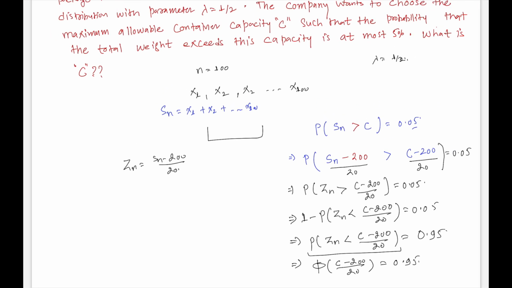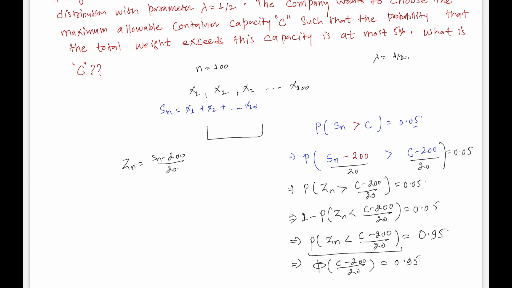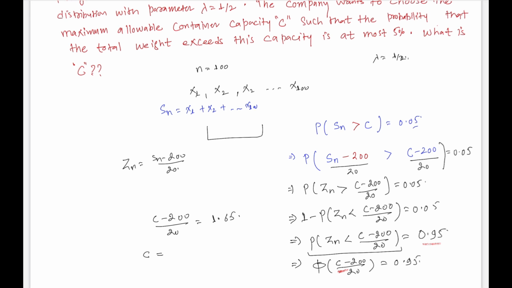So in order to have this probability equal to 0.95, this argument, C minus 200 divided by 20, has to be equal to 1.65, and from here we can find the value of C. So 20 times 1.65 will be 33, plus 200.